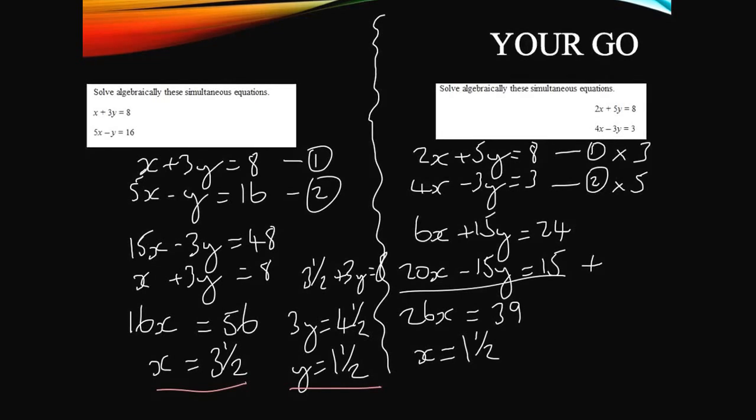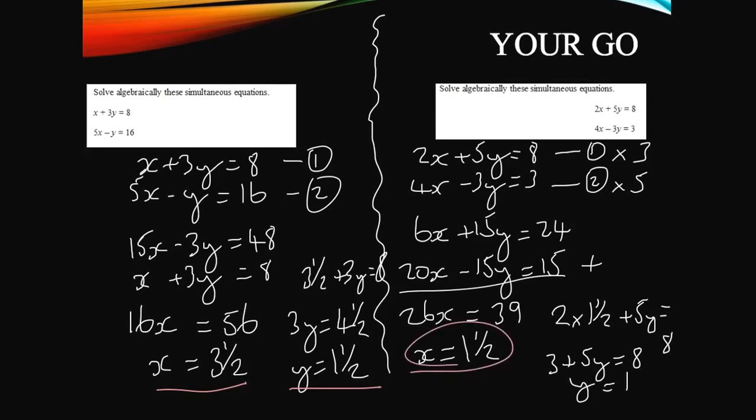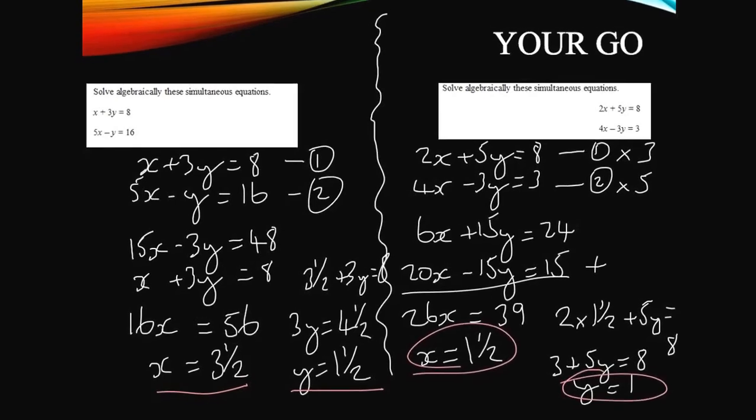I'm going to substitute it into equation 1. So I've now got two lots of 1.5 plus 5y equals 8. That means that I've got 3 plus 5y equals 8. Take 3 away, so 5y equals 5. That means that y equals 1. So the two solutions I've got are x equals 1.5 and y equals 1.